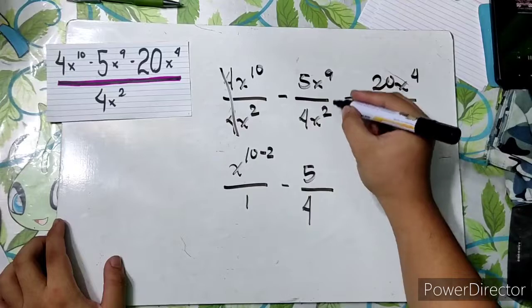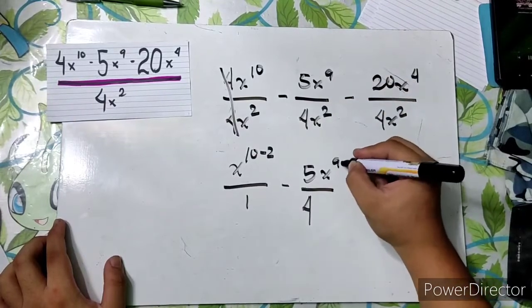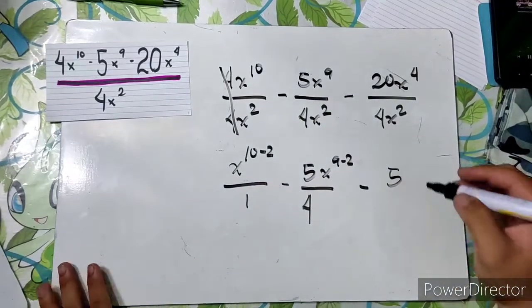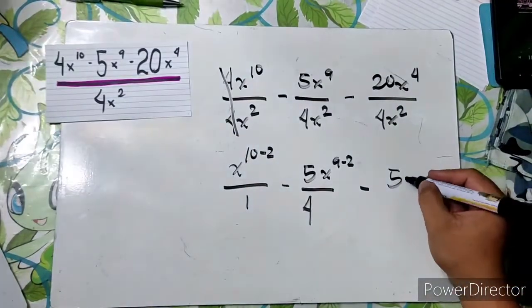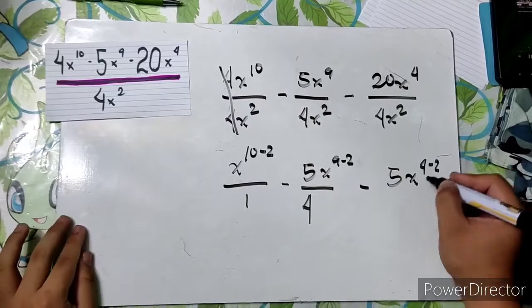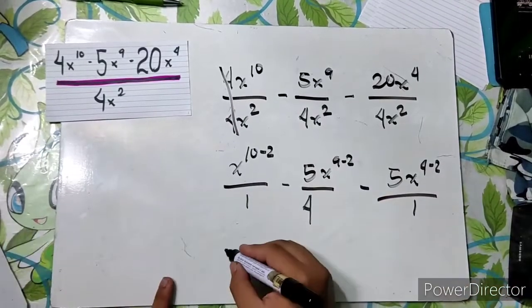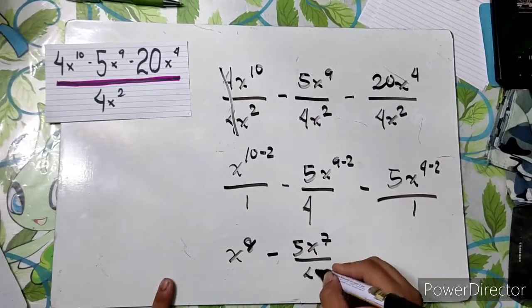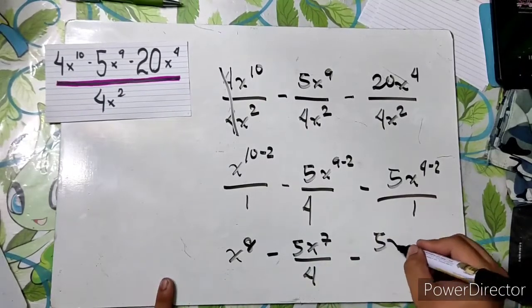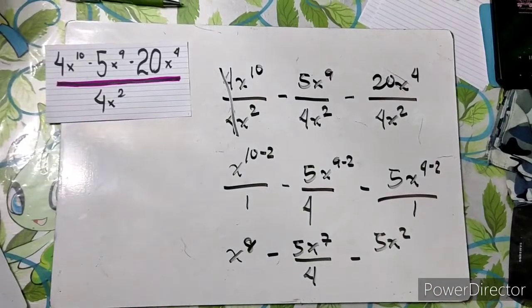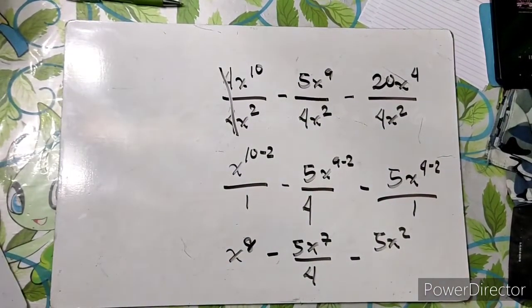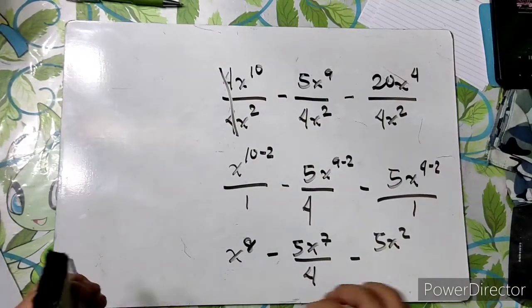So we move this in here: x raised to 9 minus 2. And here, 20 divided by 4 is 5. Remember the rule, x raised to 4 minus 2 over 1. So the answer will be x raised to 8 minus 5x raised to 7 over 4 minus 5x squared. That's it. So for the last part on division, we will have two ways of solving it.